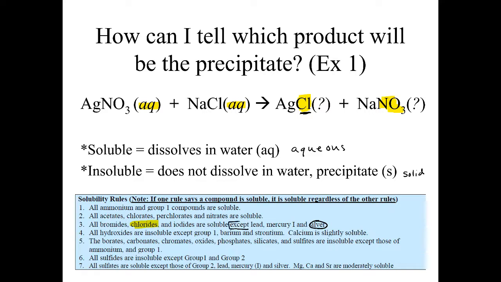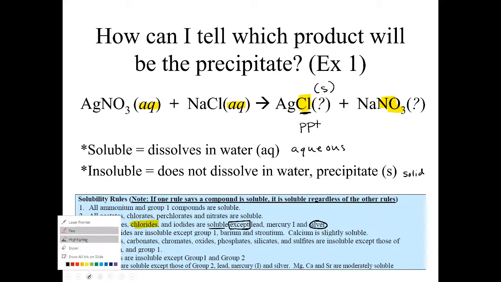So if it matches one of the exceptions, that means it will go from being soluble to insoluble. All right. So the normal rule was being soluble or staying dissolved, but the exception is to be a precipitate. So silver chloride would be the precipitate. We'll put in an S, or sometimes you'll see people label it PPT for precipitate. So now let's check our other product, silver nitrate.